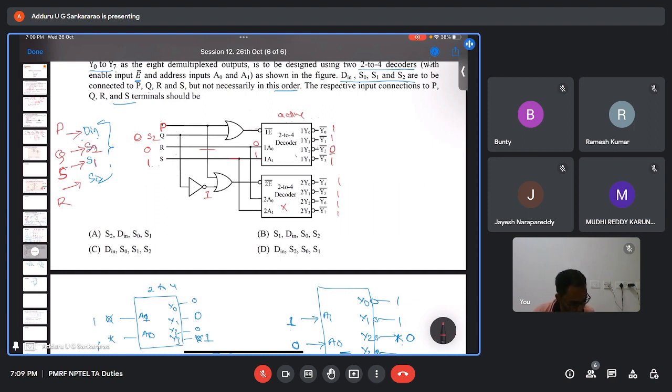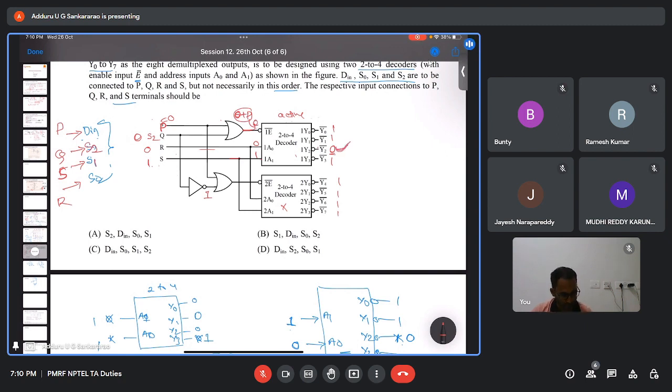Y2 should be active and all others will be inactive. Now let us say I am giving P as 0. Then if you see here the output of the first OR gate, S2 plus P, since I am giving 0 plus P, that means P we are giving at the enable. If P is 0, then enable input 0 we are giving, and the output Y2 we are getting is 0.